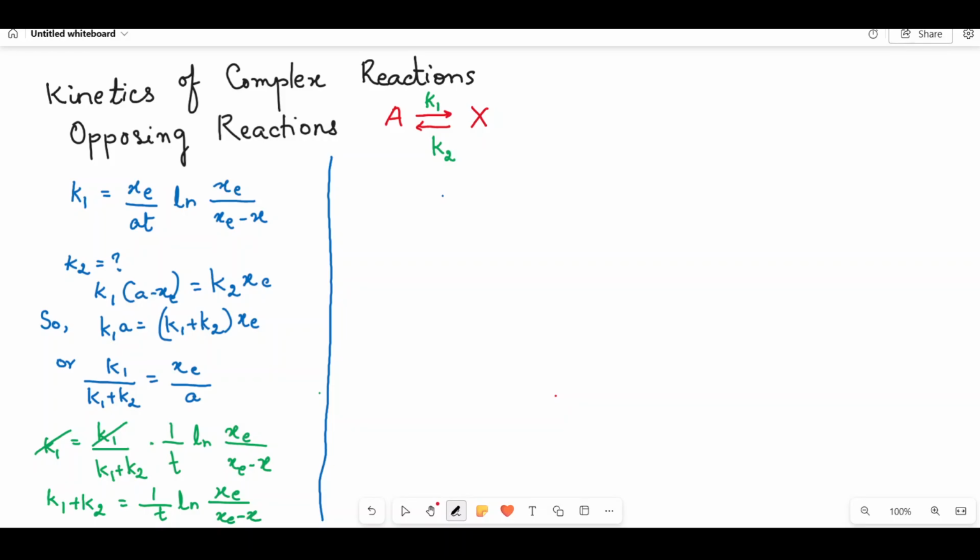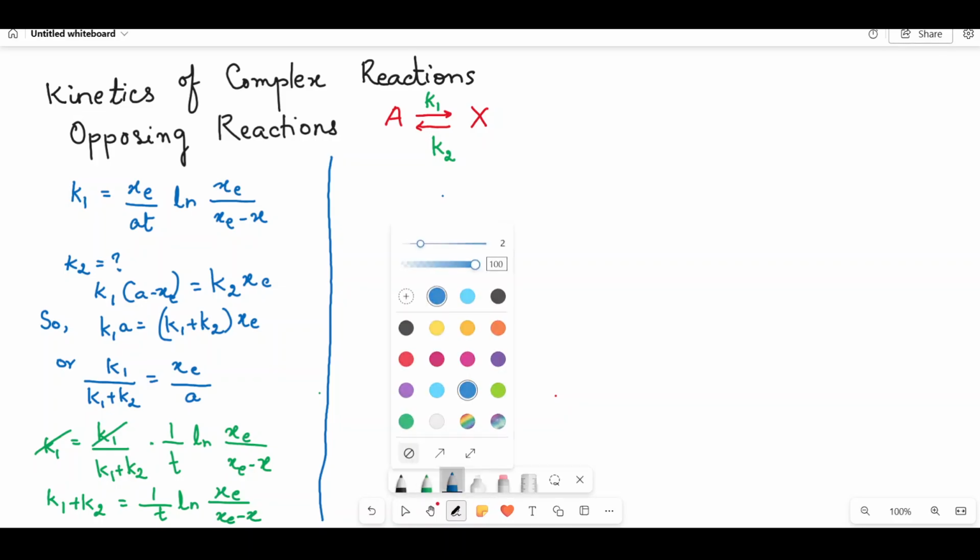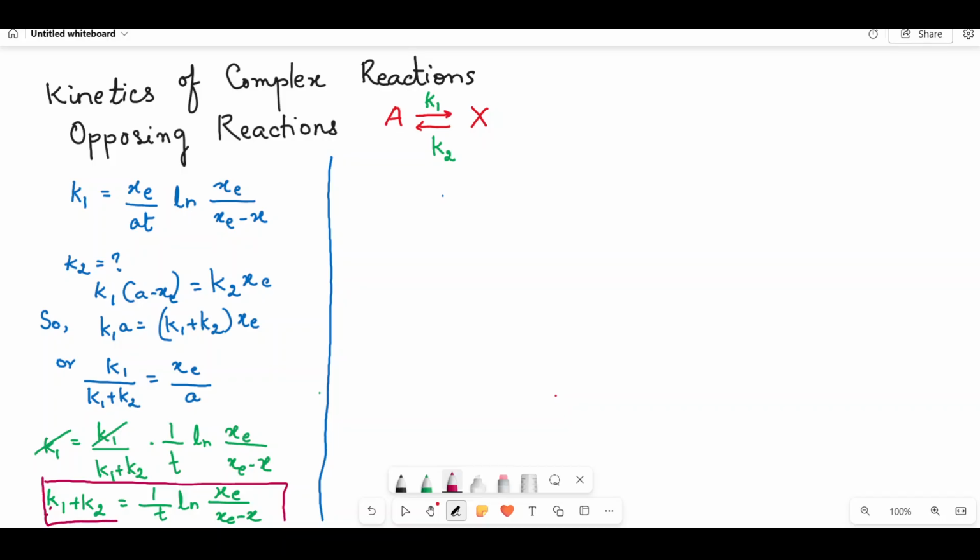If you observe this equation carefully, we can say that this equation is similar to the equation for first order reactions.